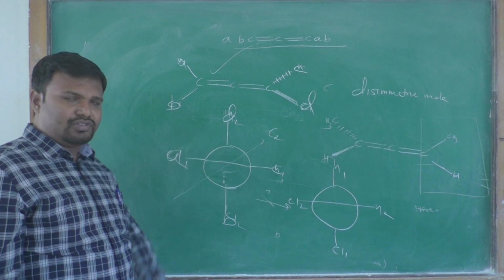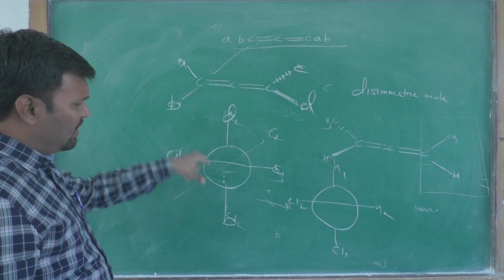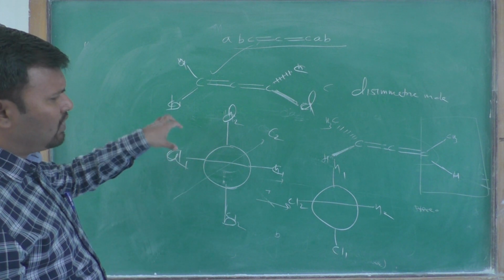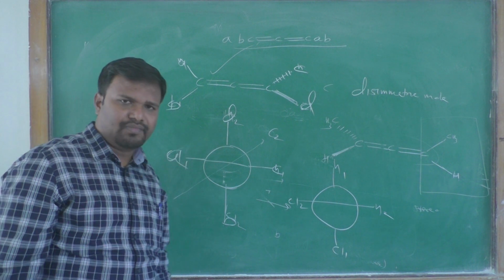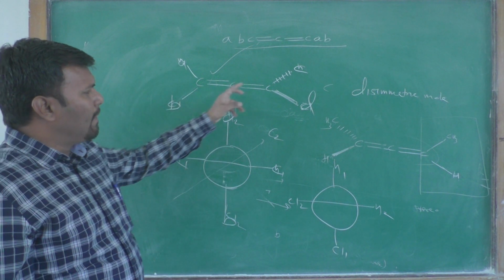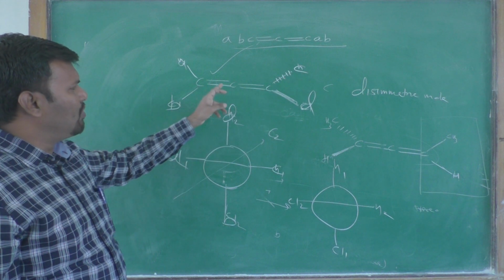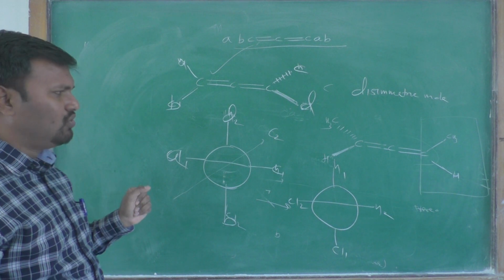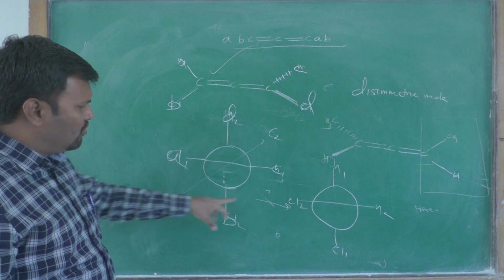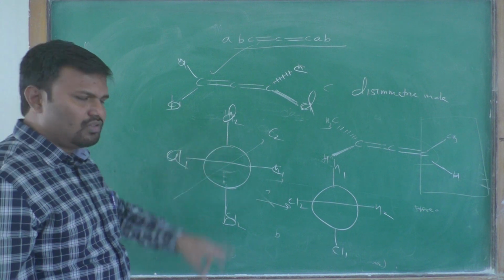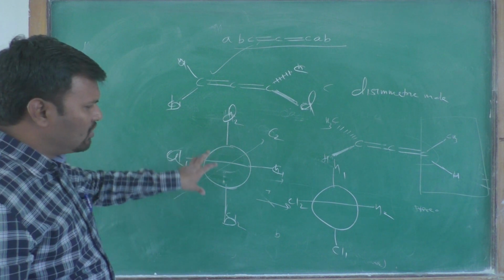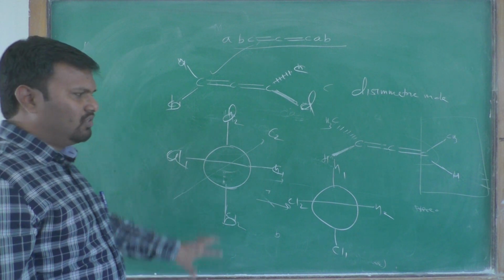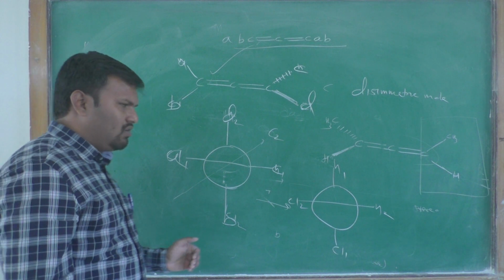If all these groups are different or any three groups are different, then C2 symmetry is not present in the allene. But if the molecule is AB and AB type, AB C double bond C double bond C AB, then it shows the C2 axis of symmetry. And if all the groups are different, then the molecule is perfectly asymmetric, and you call it an asymmetric molecule because it does not have any kind of symmetry.